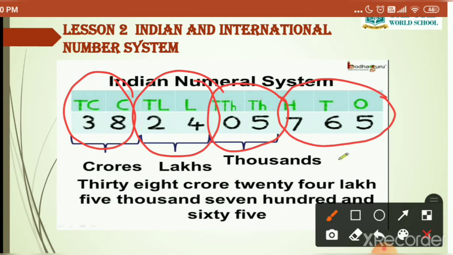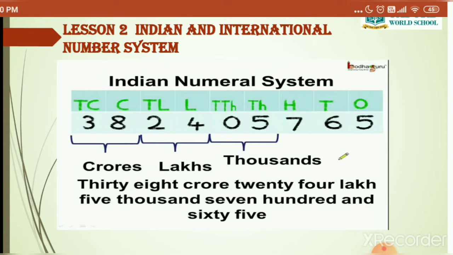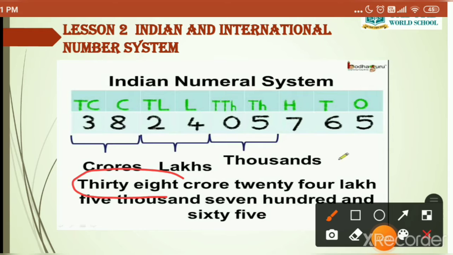Now naming any 7-digit number or even an 8-digit number is very easy. Let's see how to name it. So 3 and 8 both are in the crores period, right? So we can name it as 38 crore. Then coming to the next period, that is of lakhs, we have 2 and 4, that is 24 in the lakhs period.